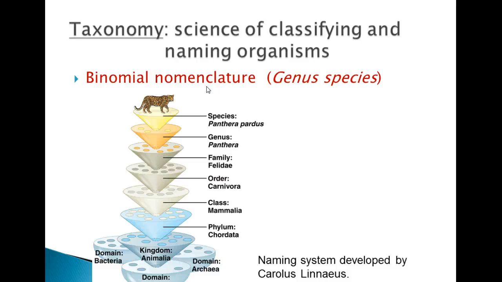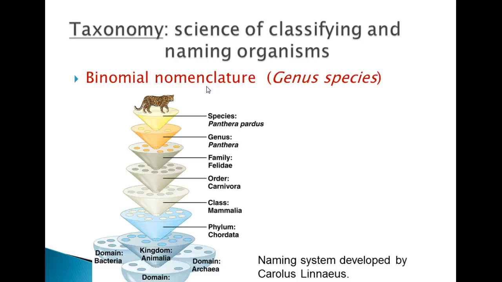Again, that should be a review for you, but if it's not, it might be a good idea to get that in your notes. Now, as you can see here, the panther is in the domain Eukarya because it's composed of eukaryotic cells. And remember that eukaryotic cells are cells with a true nucleus. You can see that the panther is in the kingdom Animalia for obvious reasons. It's an animal. It's not a plant or a bacteria. It's in the phylum Chordata because it has a backbone or a cord that runs through the backbone called the spinal cord.